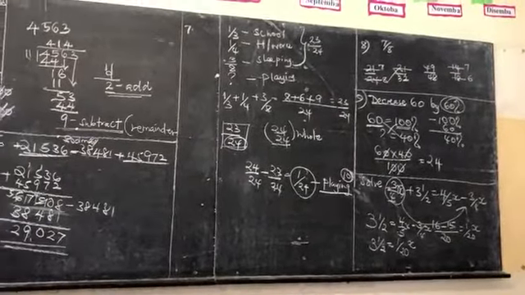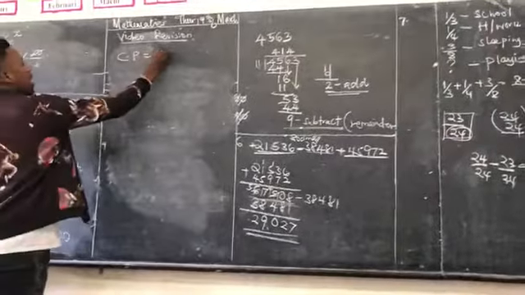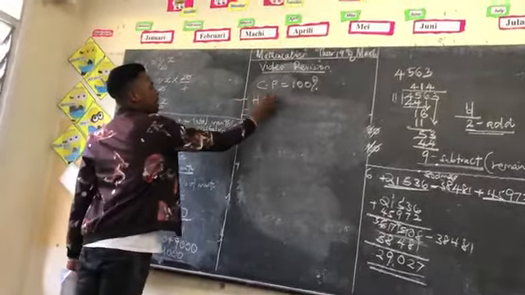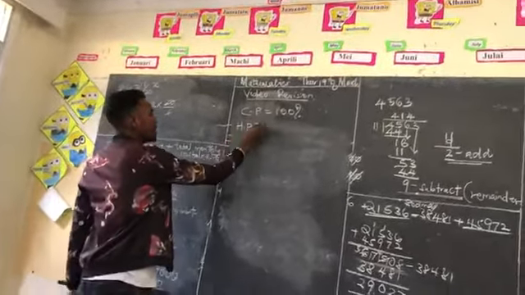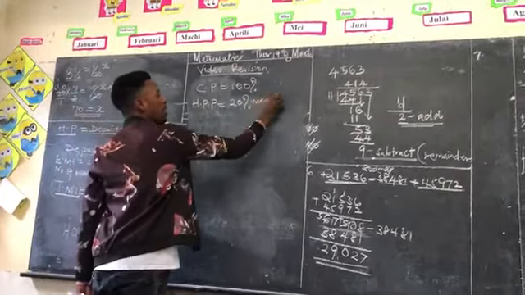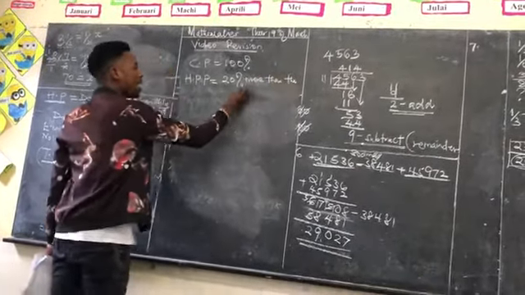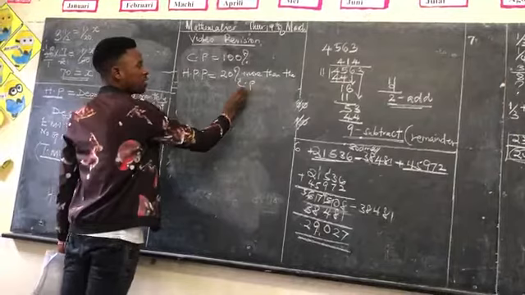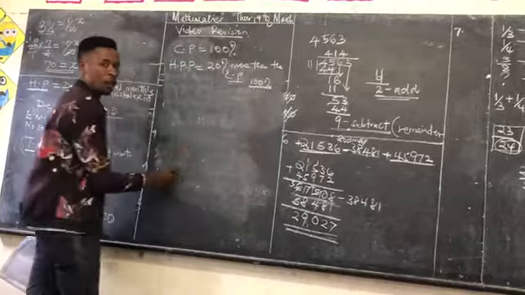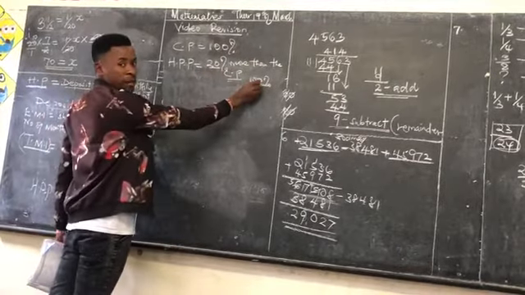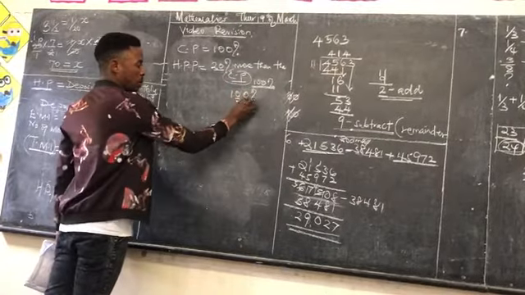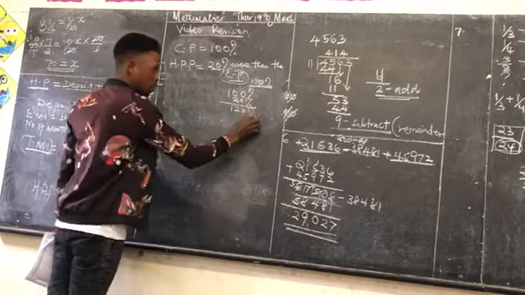So what is 20% more than 100%, which is the cash price? That is 100% plus 20%, which is 120%.